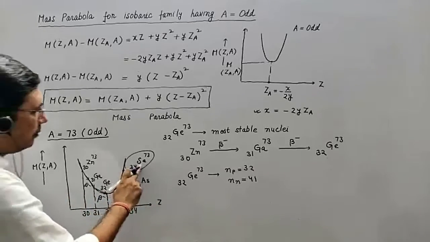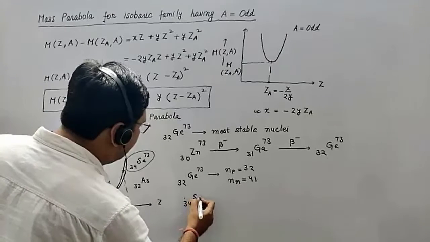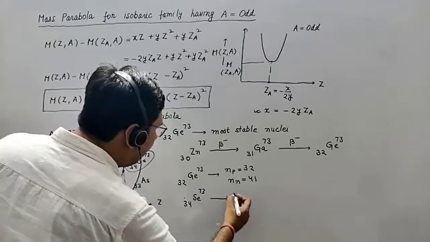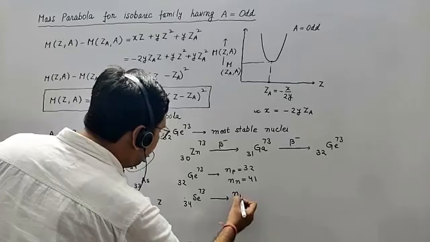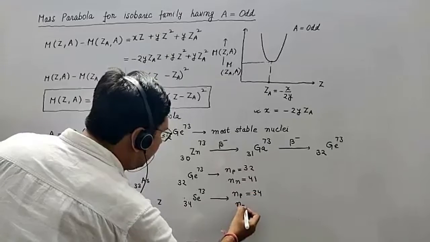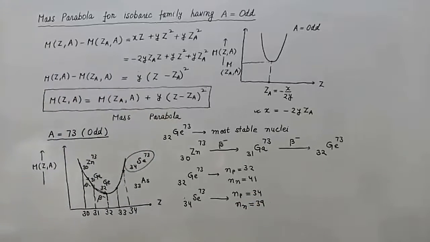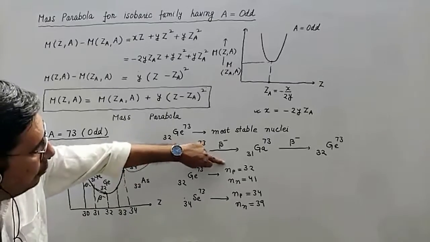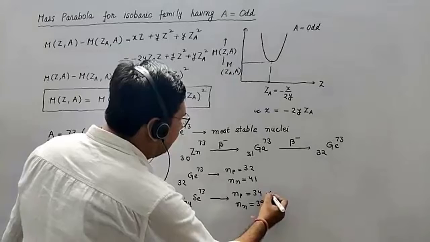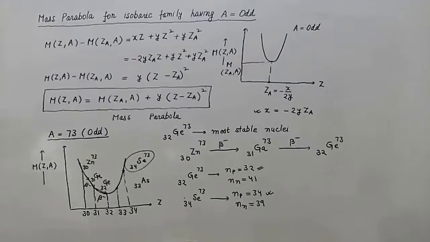And with respect to this, if I consider 34Se73, then the number of protons is 34 and the number of neutrons is 39. So with respect to the most stable nuclei, you can observe that the number of neutrons is lower here, and the number of protons is higher.